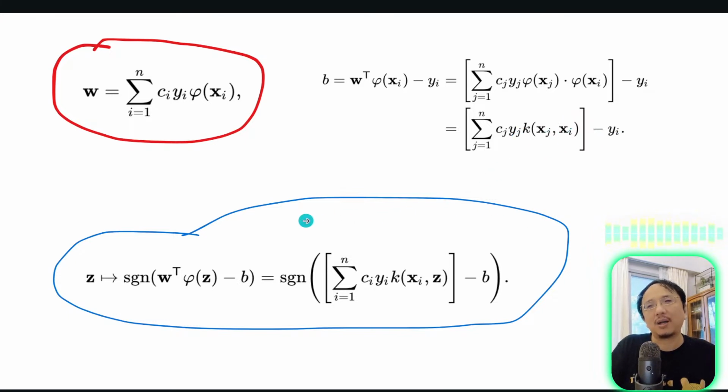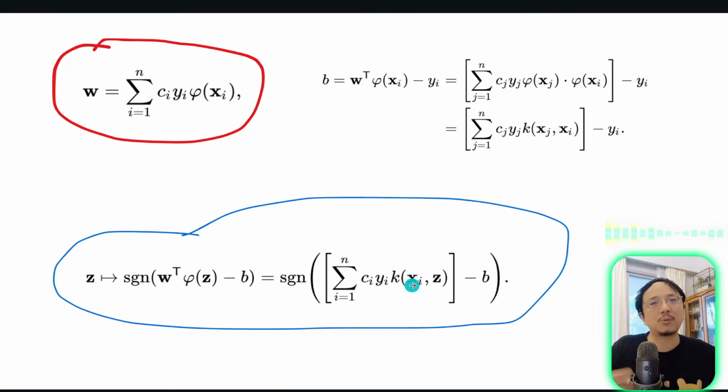So by doing the computation, doing the prediction, when we get a new sample z, ideally we want to compute w transpose phi of z minus b. Suppose we have the feature map, but we don't. So instead, equivalently, we can simply compute this guy minus b.